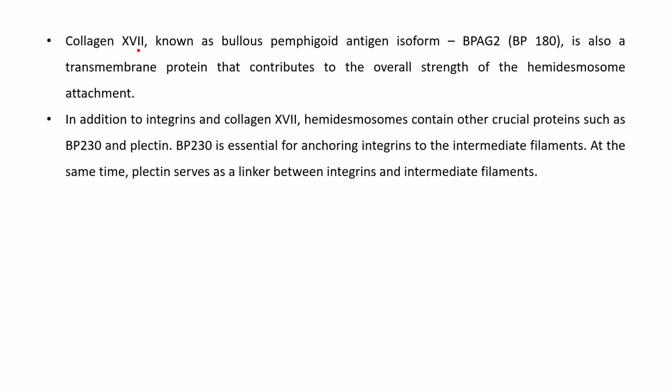Collagen, known as bullous pemphigoid antigen isoform BPAG2, BP180, is also a transmembrane protein, and it contributes to the overall strength of hemidesmosomes.